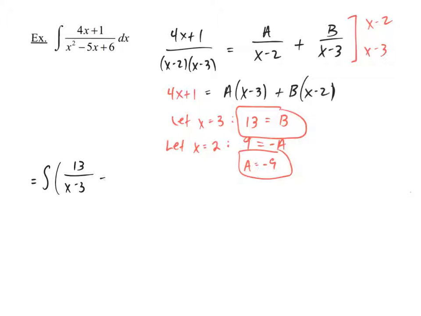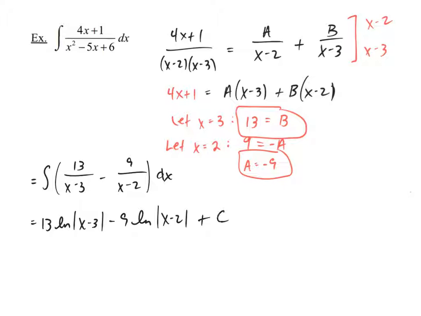So make sure that you're careful to put the 13 with the term that had B in it, minus 9 over x minus 2. And so we see, once again, just like in example 1, that this now fits the logarithm rule. And so I'm going to have 13 times the natural log of the absolute value of x minus 3 minus 9 times the natural log of the absolute value of x minus 2, and then plus C.